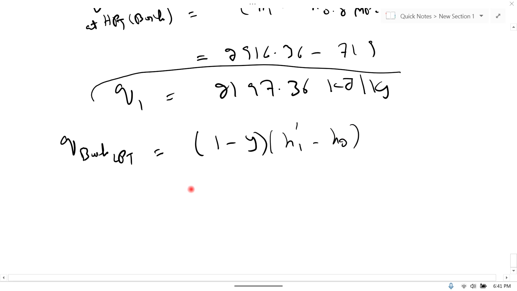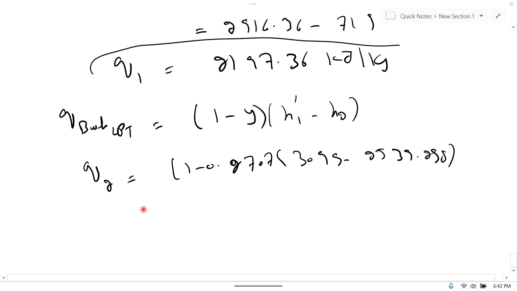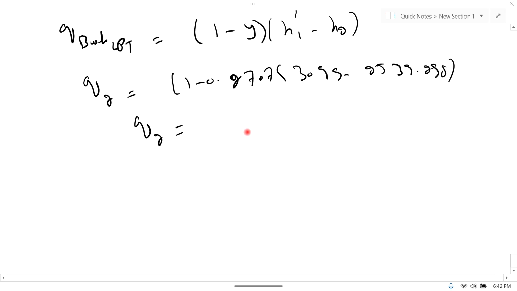So let me give this the name Q2, which is equal to 1 minus 0.2707 times 3099 minus 2539. These values are already determined by us. So Q2 is equal to 408.19.